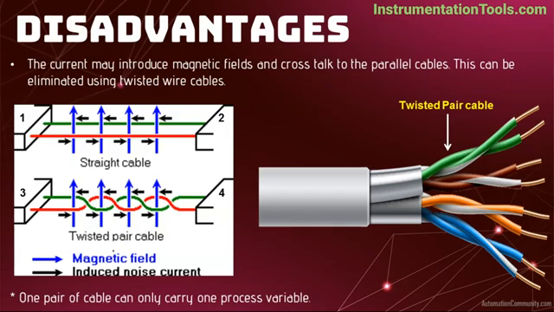This cable pair is twisted as shown in the right side image. By using the twisted cables, magnetic fields induced in the 2 cables are cancelled against each other, and resolves the magnetic field problems. The second one is, each pair of cable carries only 1 process variable.